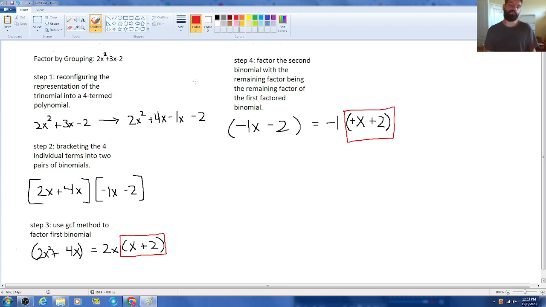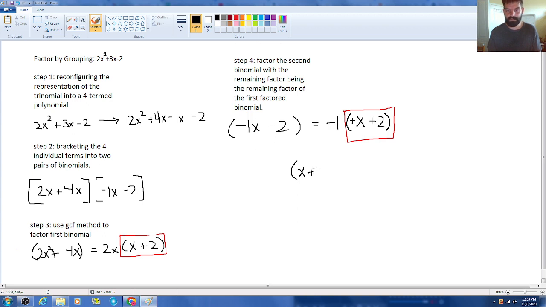So now we're going to create the factored form of this expression by having our common factor, which is x plus 2, and then the other factor is going to be the sum or difference of the greatest common factors that those two binomials have.